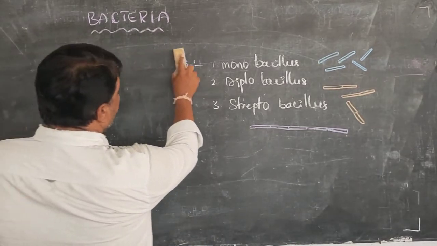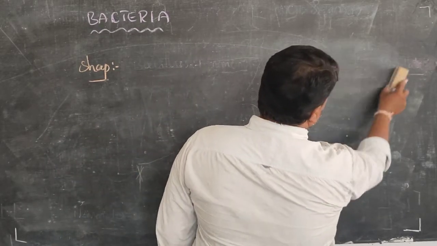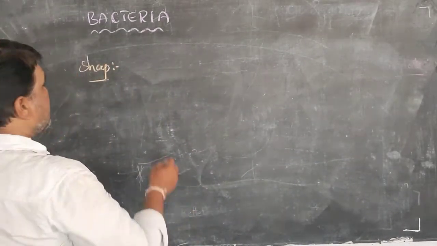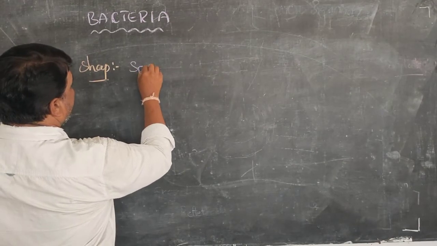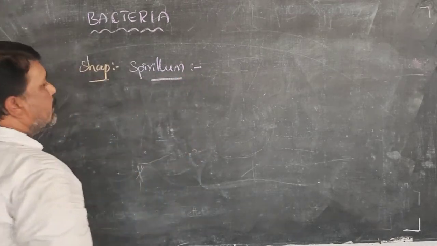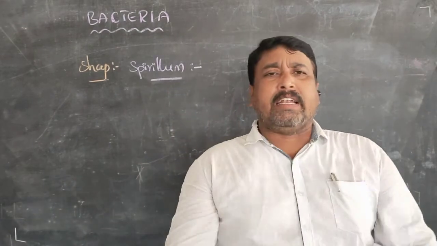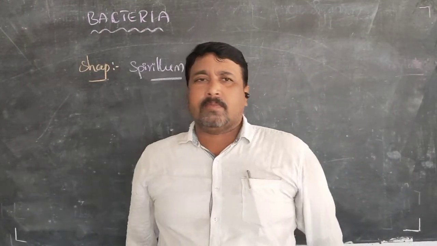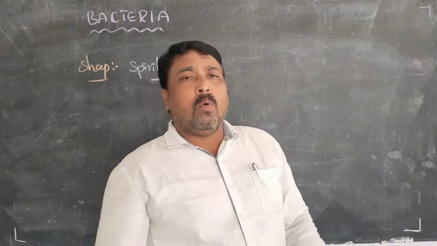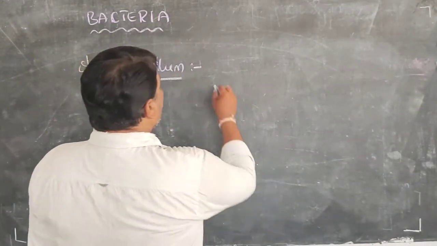Next one, spiral. Spiral. The bacteria are twisted from one end to the other end. A single twist is called vibrios.